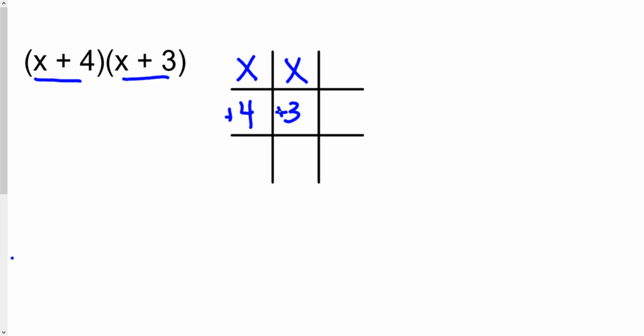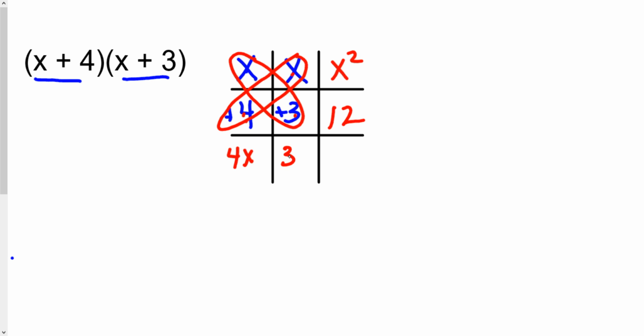And one method was to multiply x times x to get x squared, and 4 times 3 to get 12. And then the last step was to cross multiply. X times 4 is 4x, and x times 3 is 3x, and when you add those two together, you get 7x.